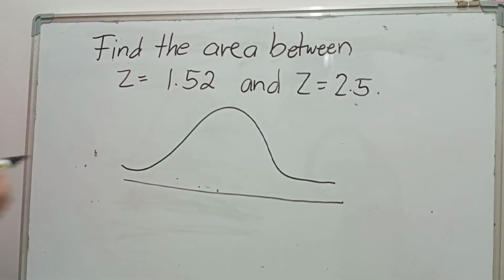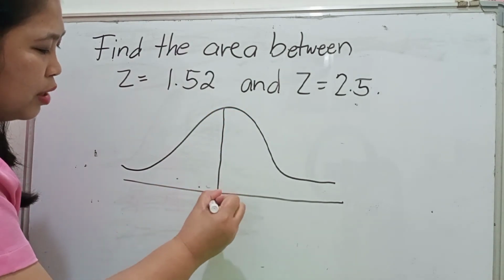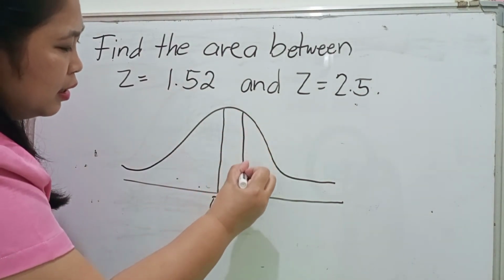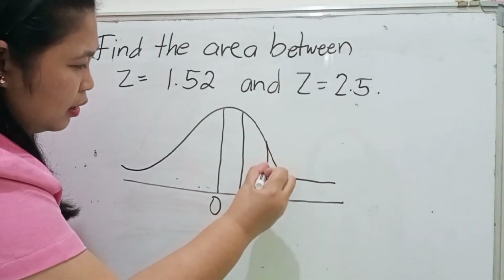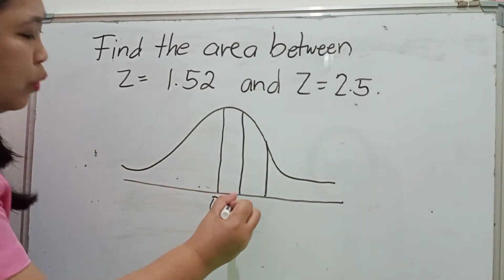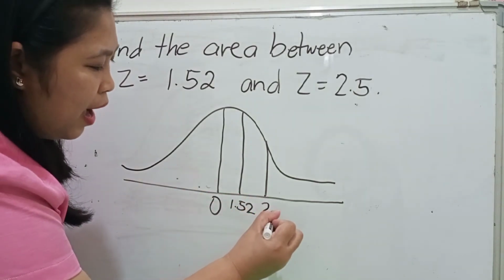At the center we have 0, and then we have 1.52 and 2.5.